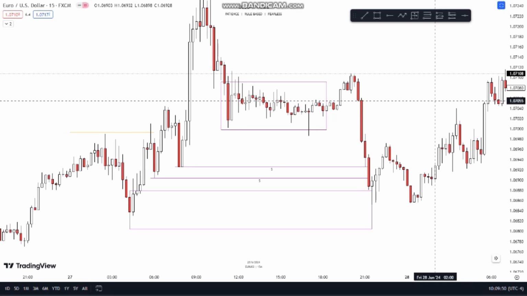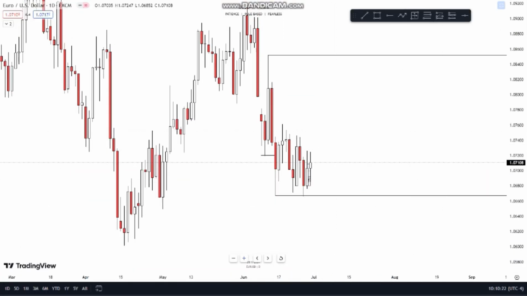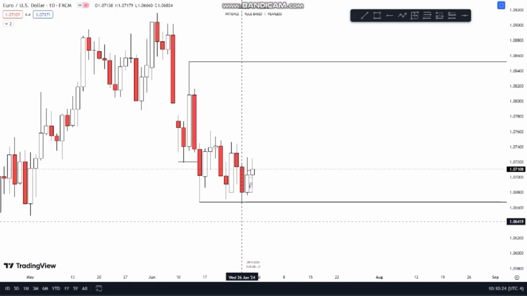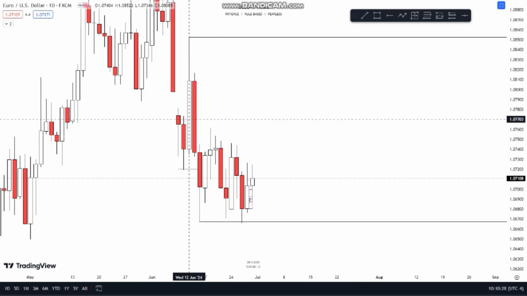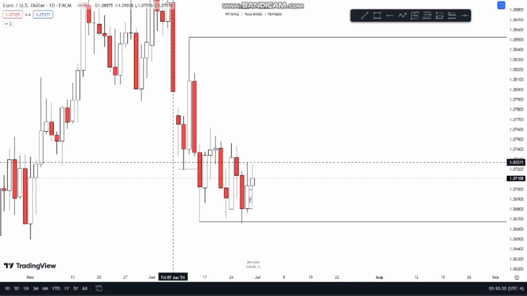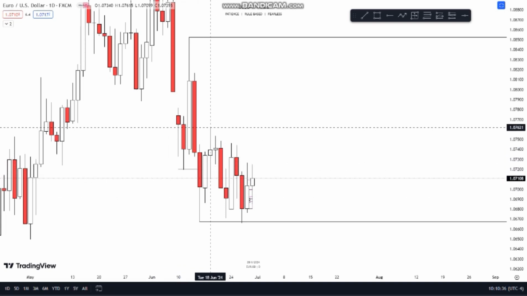So let's move over to the last example, which is external liquidity. So guys, here is an example of external liquidity. As you can see here, daily created this low here, broke structure, and made a retracement.